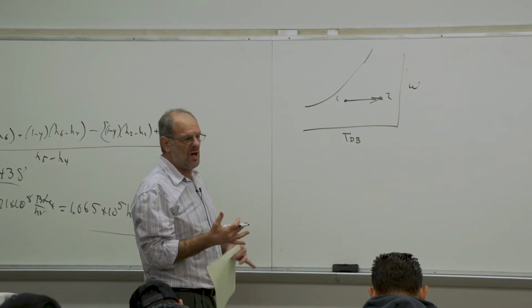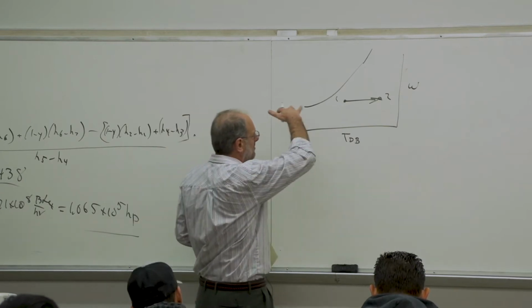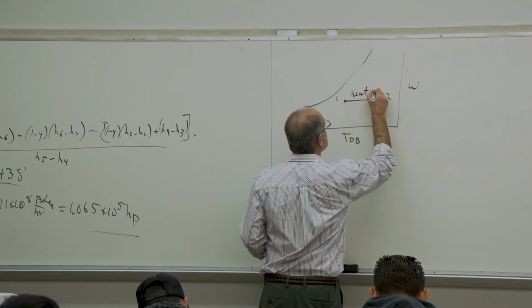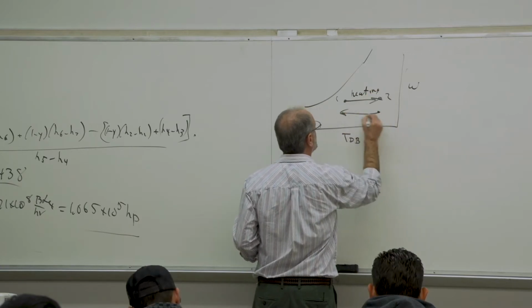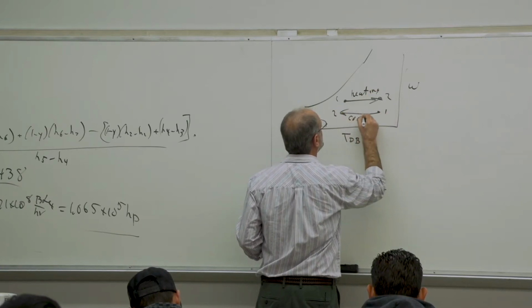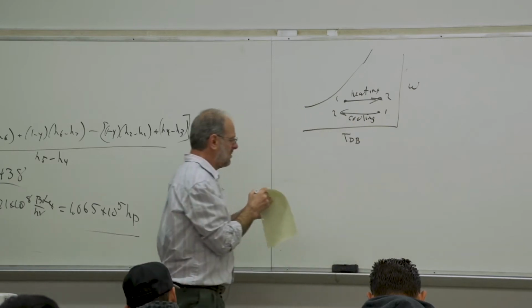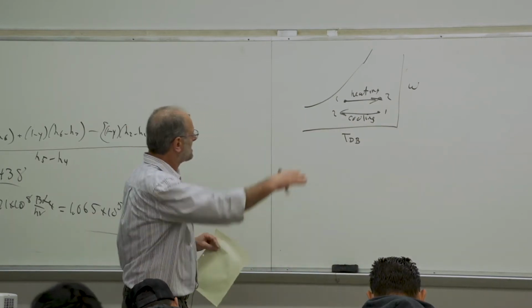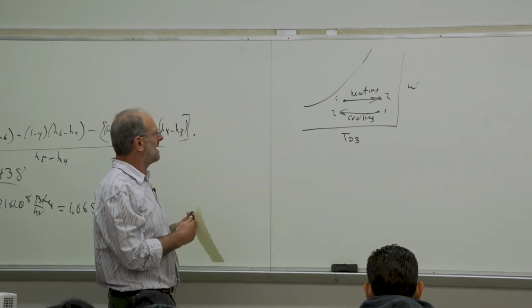So as we heat, we're not adding or removing humidity, so we're simply moving horizontally on the psych chart. On the other hand, if we have a cooling process, again we're not removing or adding any moisture. All we're doing is cooling. So omega is going to be constant. We just have a horizontal line.